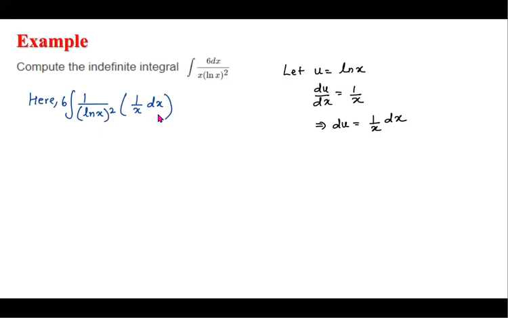So now we have 6 times 1 over u squared, since natural log x is u, and then 1 over x dx is du.